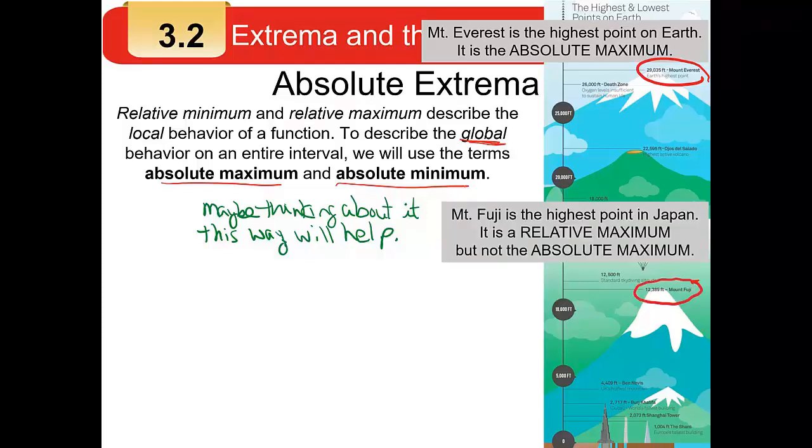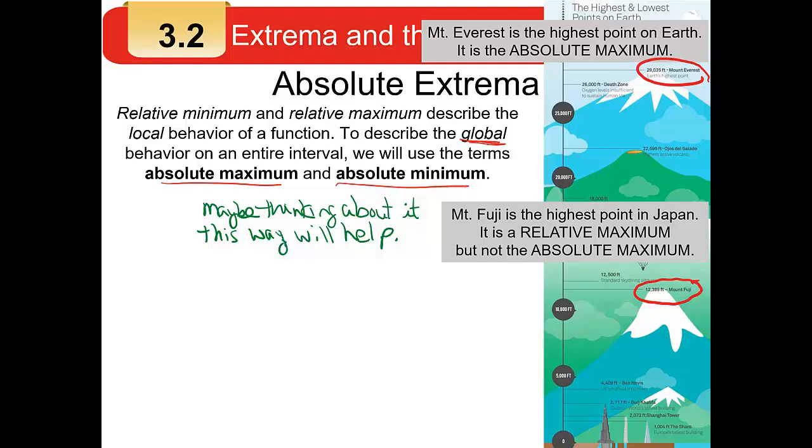On the other hand, if you look down a little further, you can see that Mount Fuji, although not nearly as high as Mount Everest, is still the highest point in Japan. That would be a relative maximum. In the local area, Mount Fuji is the highest point. But globally, Mount Everest is the highest point.